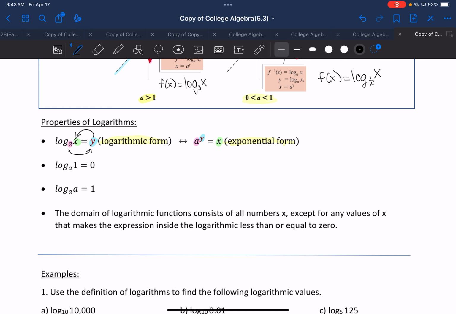Let me show you an example. If I had log base 5 of 7 equals x, this is in logarithmic form.